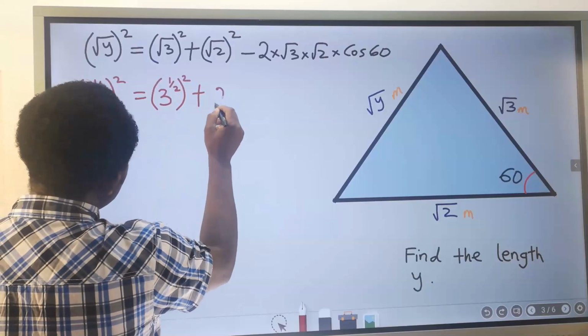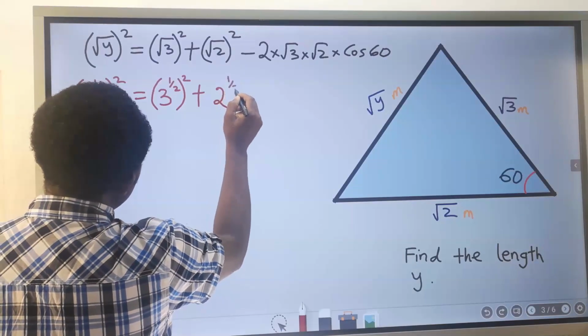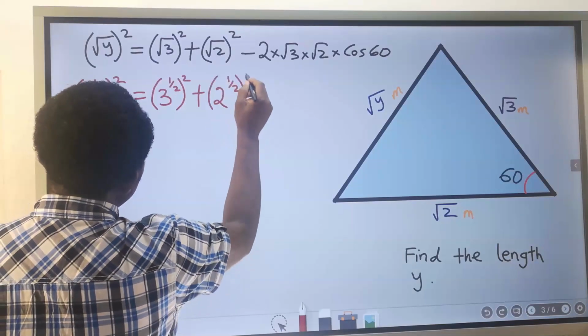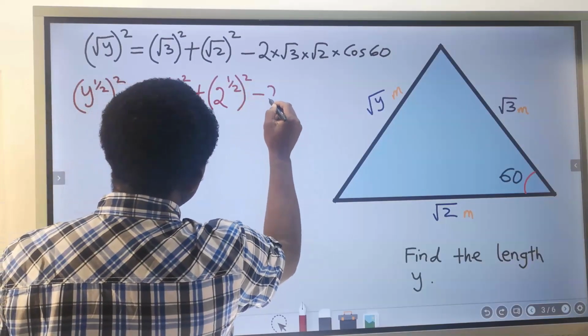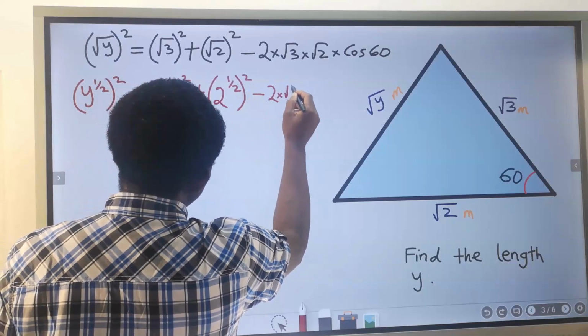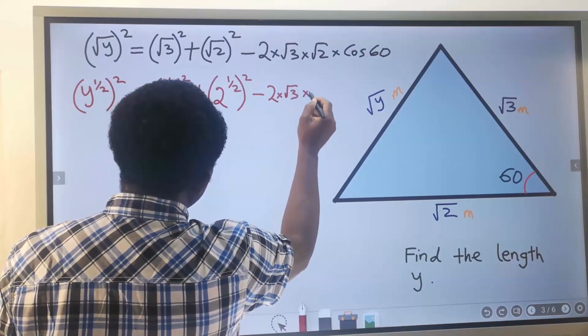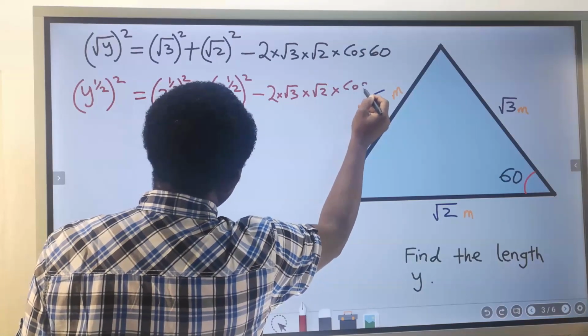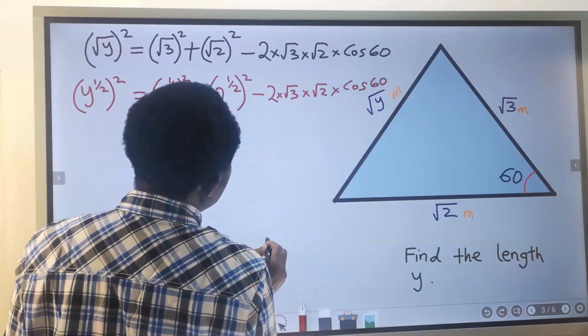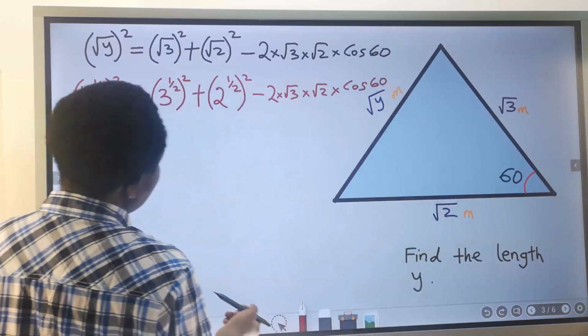Plus, this is 2 to the power of 1 over 2 all squared. Minus, this is 2 times the square root of 3 times the square root of 2 times cosine of the angle, which is 60 degrees.